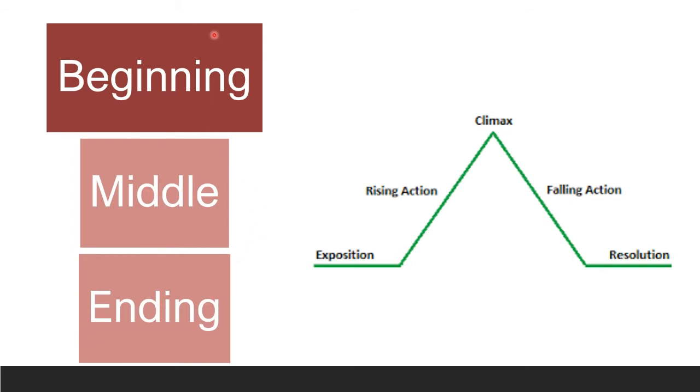If you don't have 3 parts, your story will be blunt and it's not fun to read. So you have to have these three parts to make your essay interesting. Same thing you do in Bahasa Melayu. In Bahasa Melayu also we have the position, which means the beginning of the story, and then how you create the story into a climax. The climax of the story, what happened to the characters.